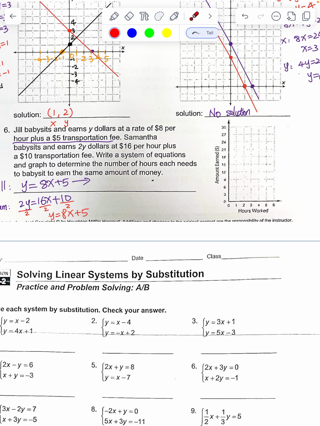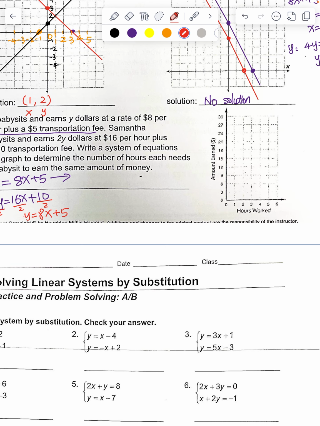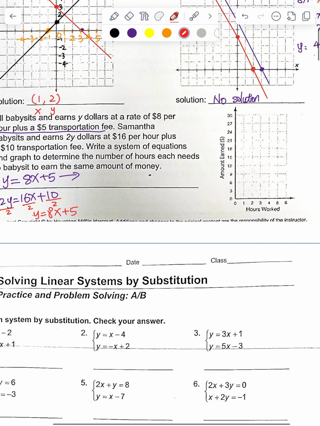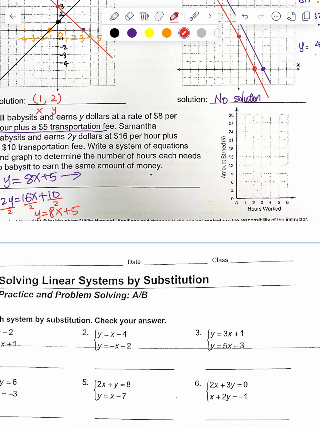Okay, we are going to graph. This kind of form we call slope-intercept form. The slope is 8, the y-intercept is the first point, which is 5. So we start at 5 right here, right? Start from 5, and the slope is 8.